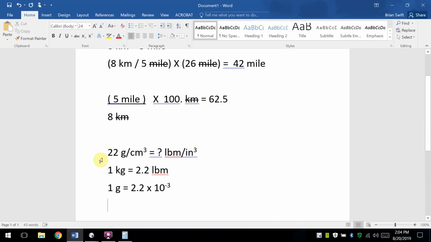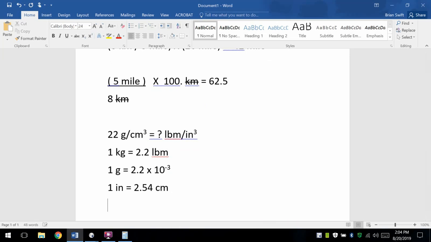Okay, so now there's one relationship we have. And the other is inch. We know that 1 inch is equal to 2.54 centimeters. But we've got more than one factor of an inch here. We've got 3 factors of inches here. So it's going to take 3 unit conversion factors containing inch in order to remove it.